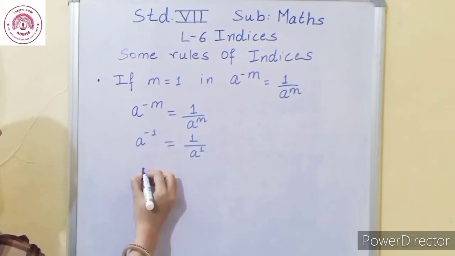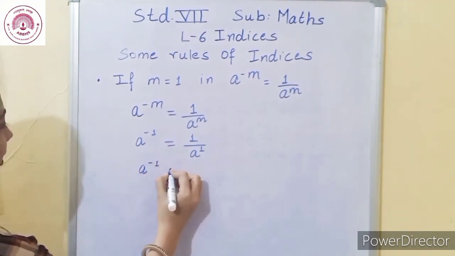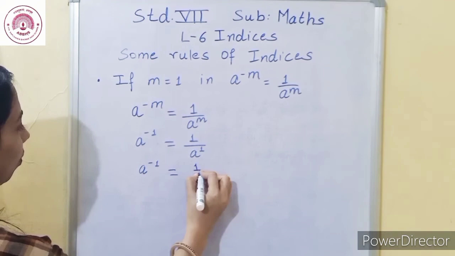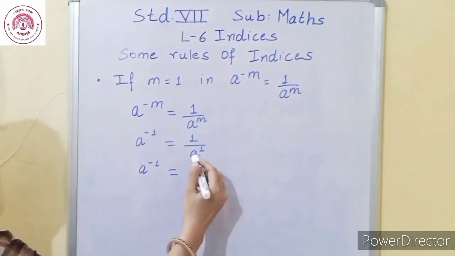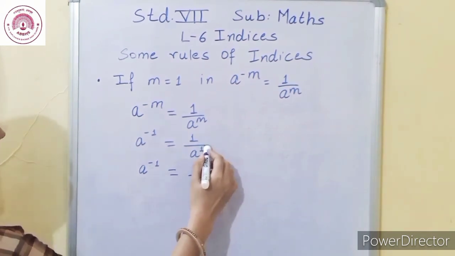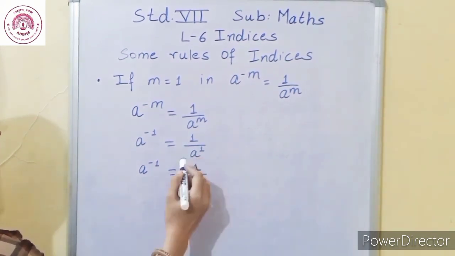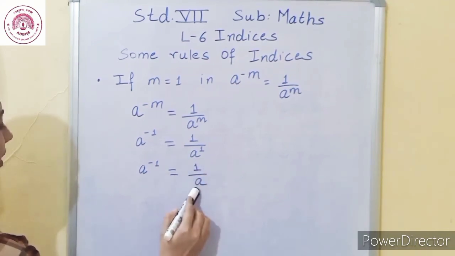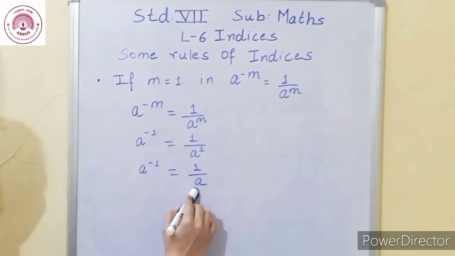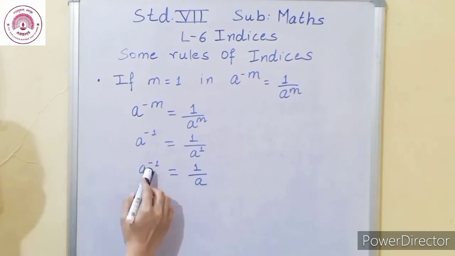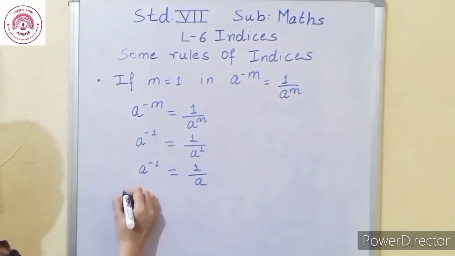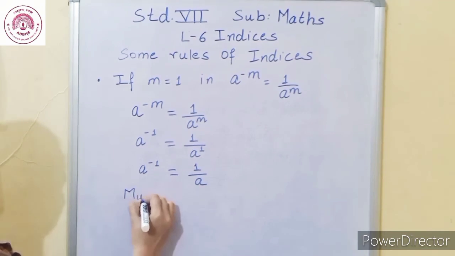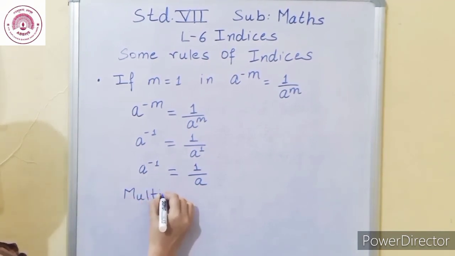Now, a raised to the power minus 1 equals 1 upon a, as we know a raised to the power 1 is the first power of a, and the first power of any number is the number itself. So, a raised to the power minus 1 becomes 1 upon a, and this is the multiplicative inverse of a.